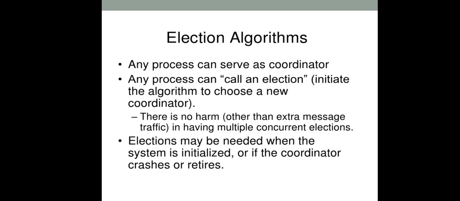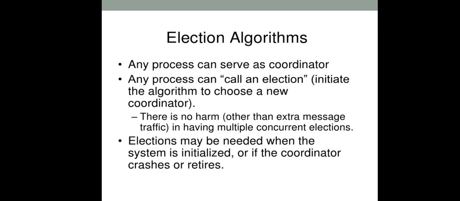Now, the election algorithms should be such that when simultaneous elections get executed, no matter how many election algorithms are getting initiated, all of them should be electing the same coordinator. It should never happen that more than one coordinator is getting elected in the distributed system.